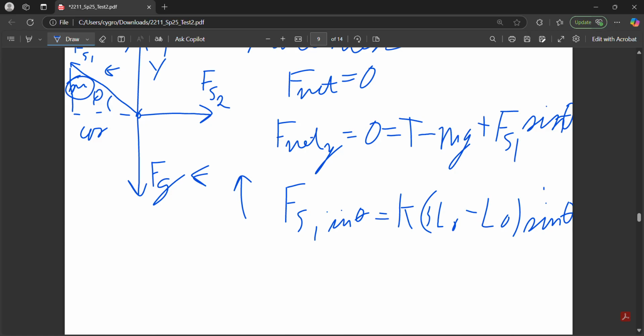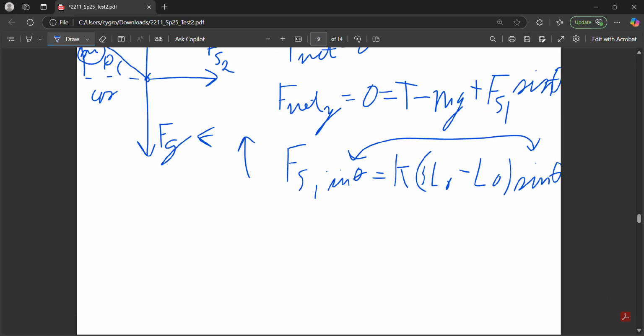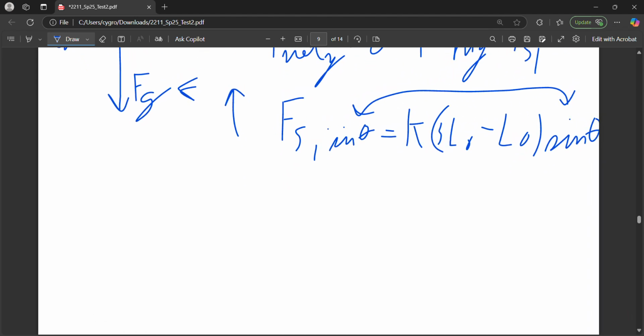We're just multiplying the sines here and here, making sure it's equal on both sides. And from this we can find this whole thing is equal to 2 L0 sine of theta times K.